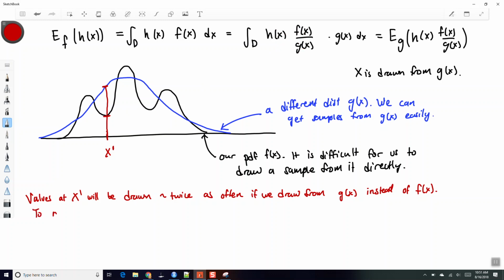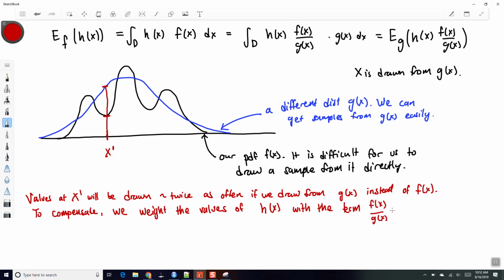So to compensate, we weight the values of h of x with the term f of x divided by g of x, which will be about half.